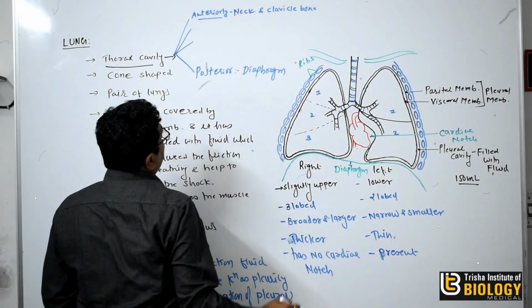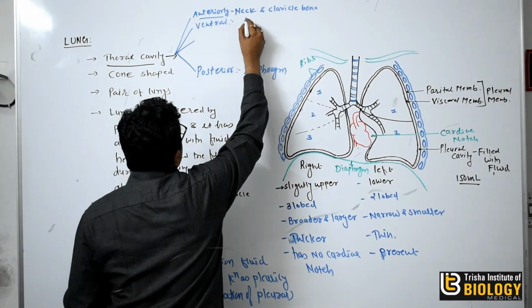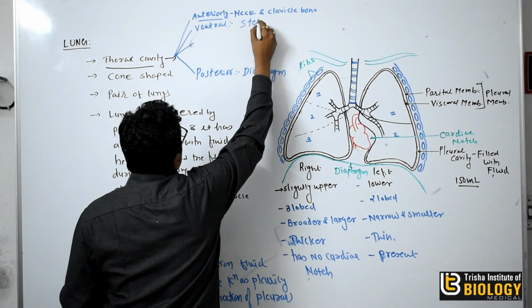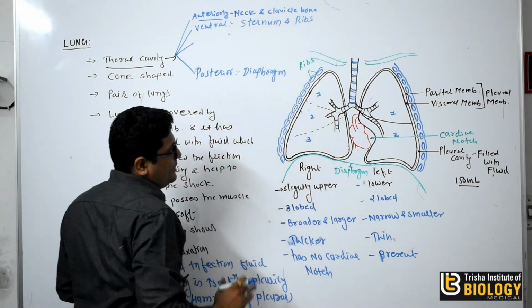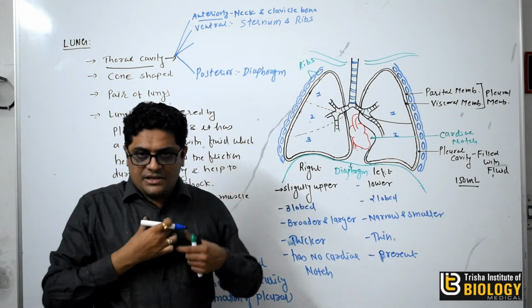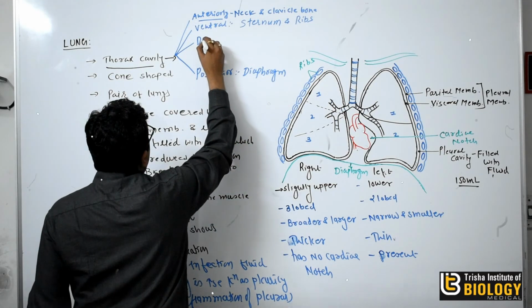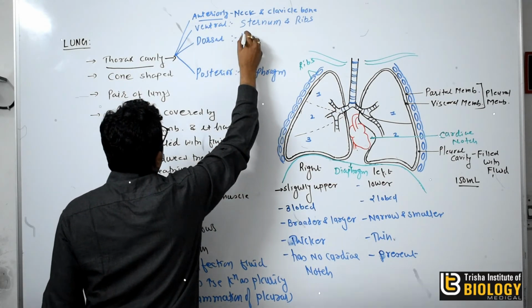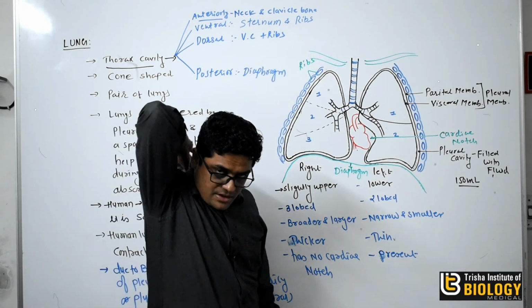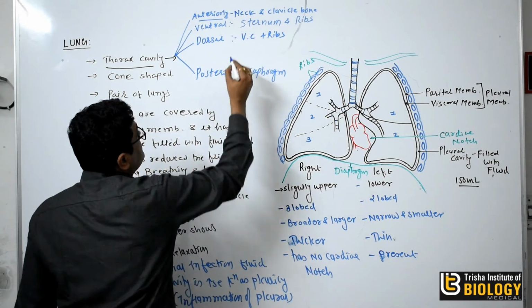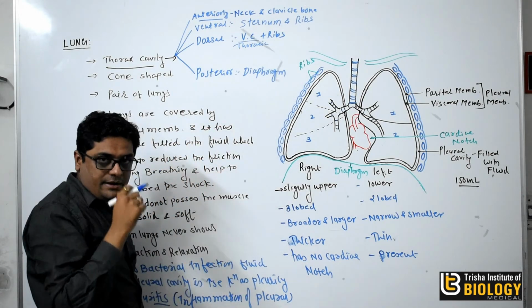At the ventral side it possesses the sternum and ribs, a small part of the sternum and the ribs. And at the back, the dorsal side, it possesses the vertebral column plus ribs, that is only the thoracic vertebrae and the ribs.